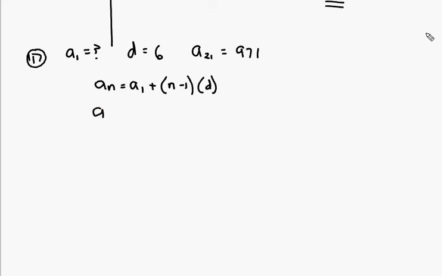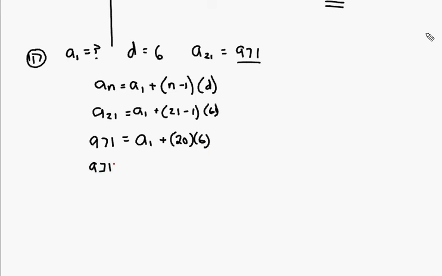So if I went a sub 21 is equal to a sub 1 plus 21 minus 1, and my common difference is 6. Okay? Now what is the value of my 21st term? Well, it's 971. So I'm going to replace a sub 21 with 971 is equal to a sub 1 plus 20 times 6.